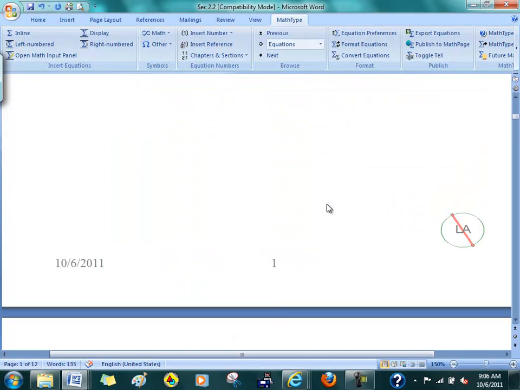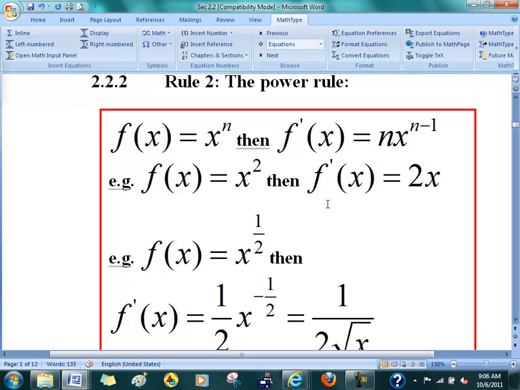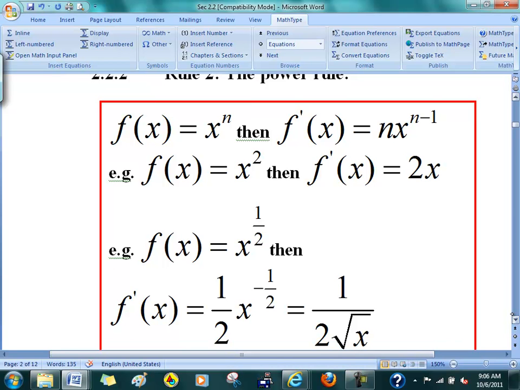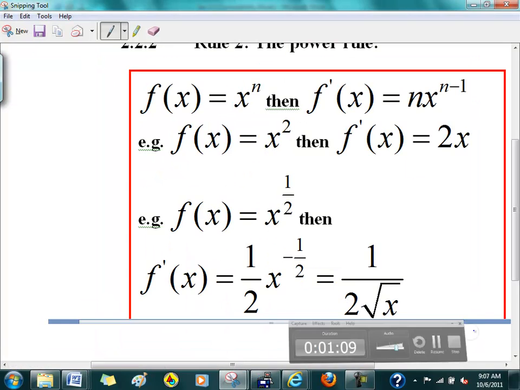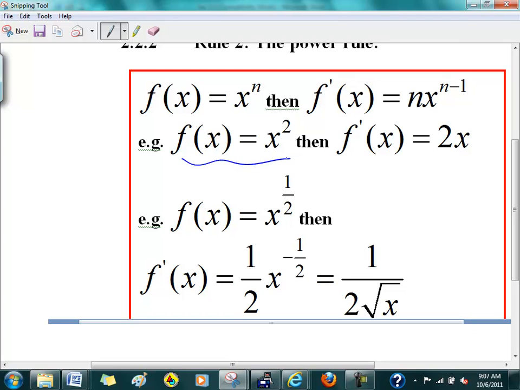Right, next set of rules. This one we've spent 3 days doing, okay? This is what you developed in the computer lab. Okay, the power rule. Do I need to explain this one? Is everybody okay? So what you might want to know is this sort of pattern here.